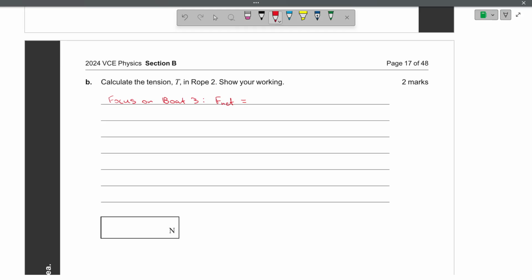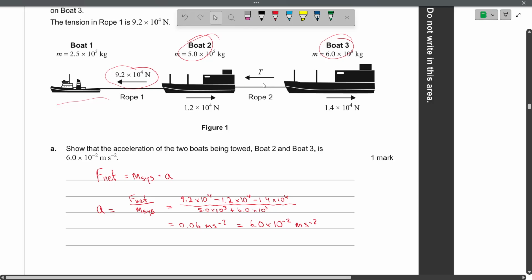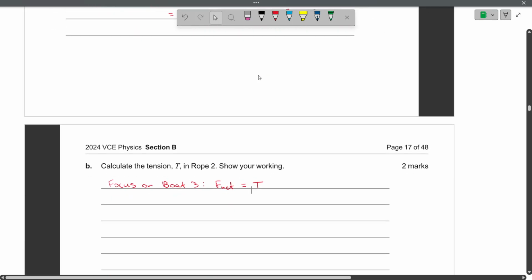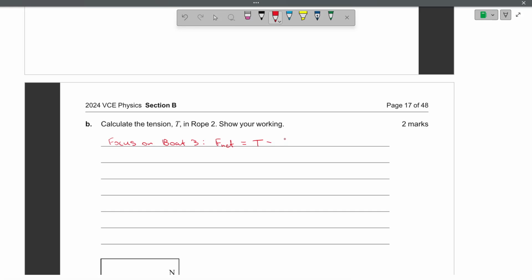So in this case, that's what we're going to do. We've got tension pulling it along. Now I'm saying the left direction is the positive direction because that's the direction that our boats are accelerating in. So tension will be a positive force, and we have to subtract opposing forces, which is that resistive force of 1.4 times 10 to the 4.